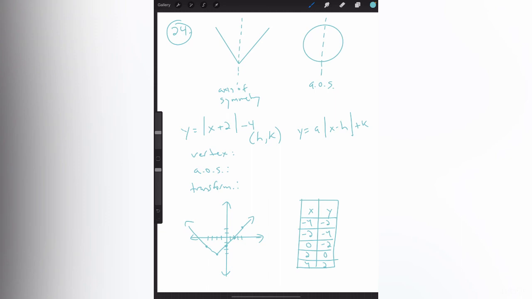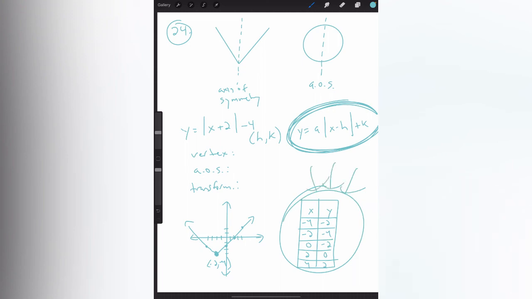Realize that my vertex right here is at negative 2, negative 4. By looking up here in this equation, I could have skipped all of this down here and just followed what this asked me.